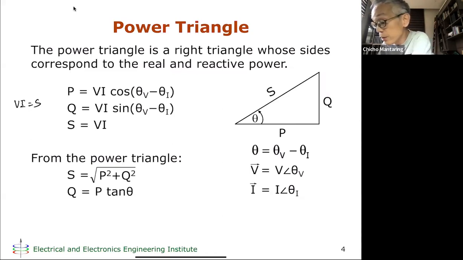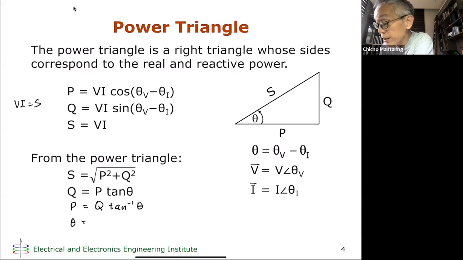For example, if I know Q and theta, I can compute for P. If you know P and Q, you can compute for theta.